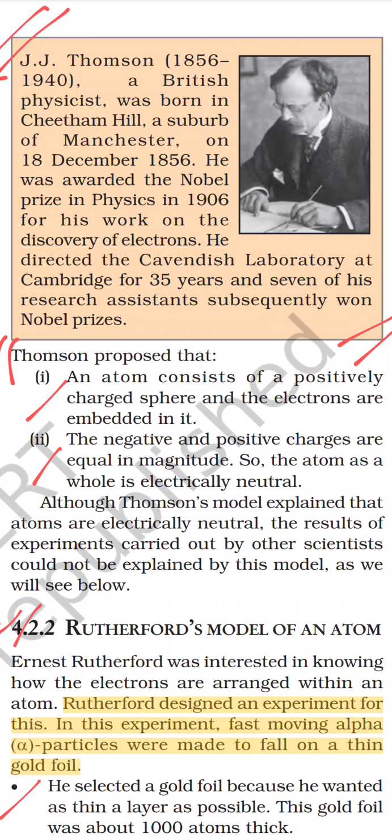J.J. Thomson, 1856 to 1940, a British physicist, was born in Chatham Hill, a suburb of Manchester, on 18 December 1856. He was awarded the Nobel Prize in Physics in 1906 for his work on the discovery of electrons.